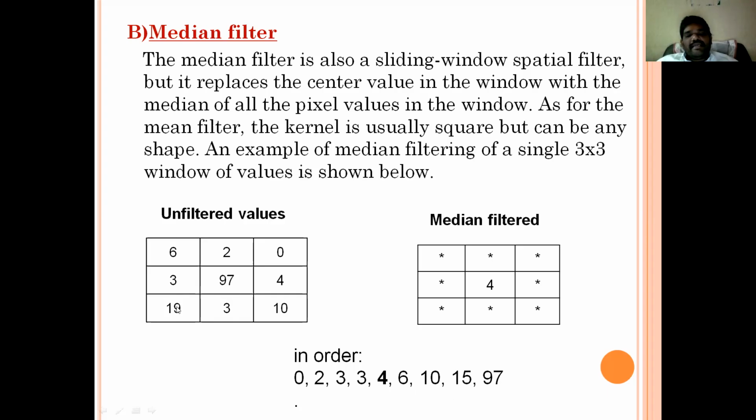The value you get, whatever it is, will be placed in the center portion of the kernel.